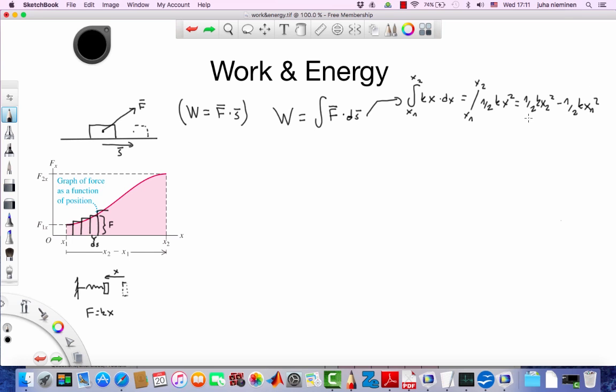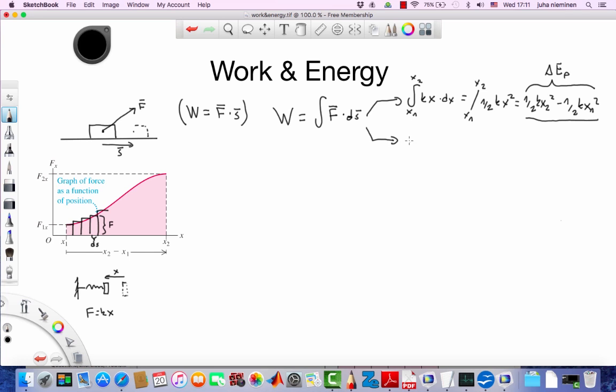We identify this expression as the spring's potential energy in the end minus the potential energy in the beginning. So essentially we have here the change in the potential energy of the spring. Okay, so we could also do this for a linear movement of a particle, for example.